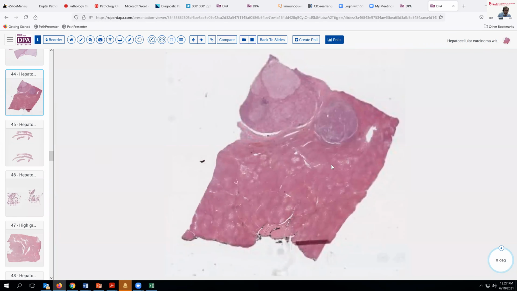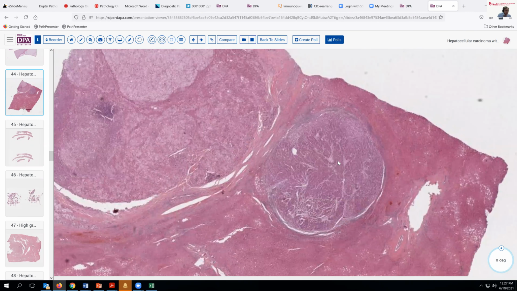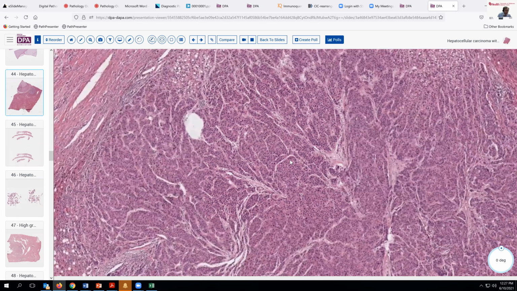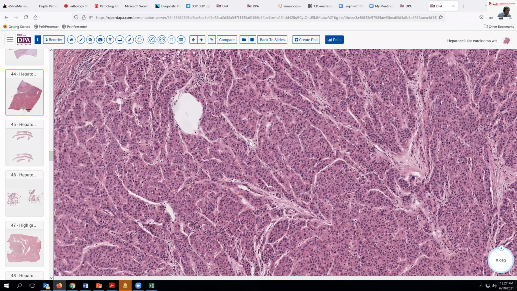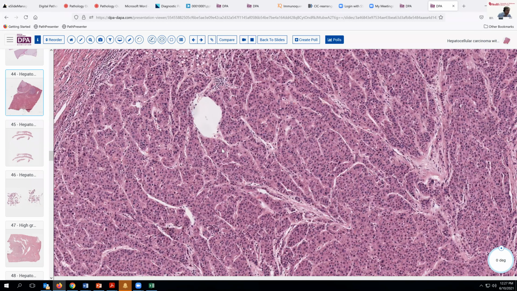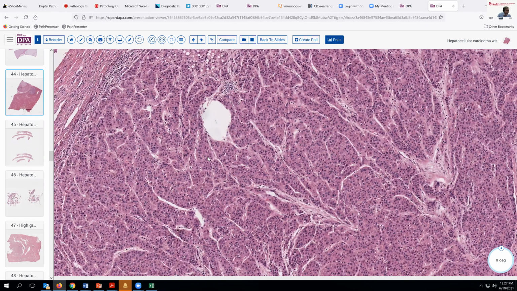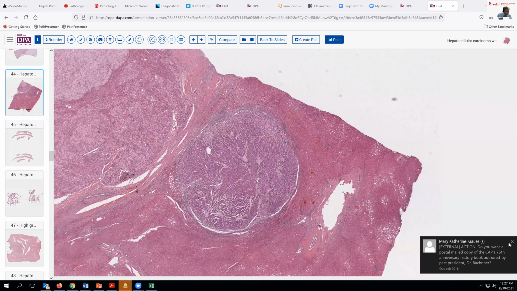Just to take a look at another example, not of the clear cell variant. Note that this is a case where we've got multiple nodules. And here this would be more an example of the trabecular pattern that we discussed earlier with intervening cells. Okay, so put that aside here.